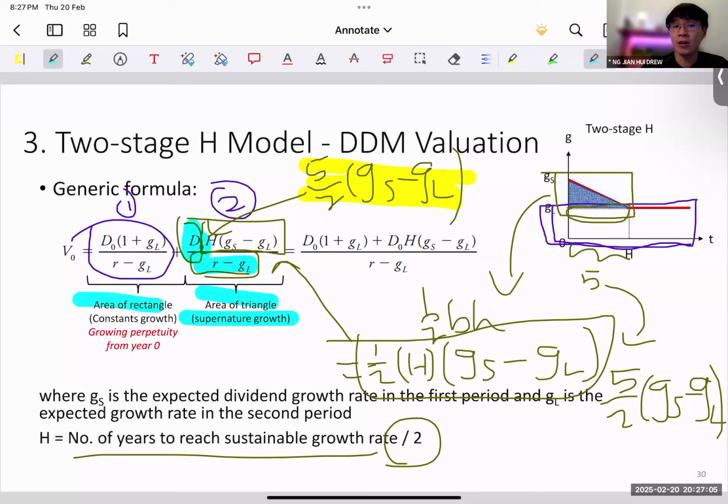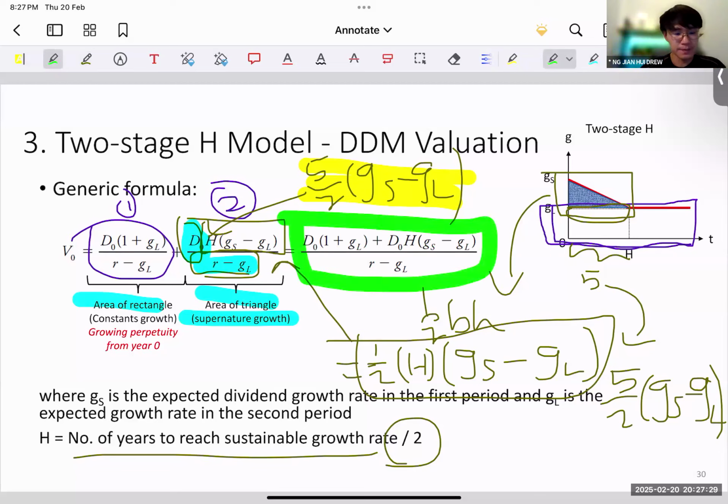Again, I highlight this is a case of an approximation, which is why this formula seems quite easy and intuitive. You can either break them down into formula 1 and 2, or you can just combine them because the base is r minus GL. If you do a combination, you simply get this formula here. For the H model, the fortunate or unfortunate thing is that you must use the formula given here. There is nothing for you to change, so just use the H formula given in this slide to calculate the value of the stock.